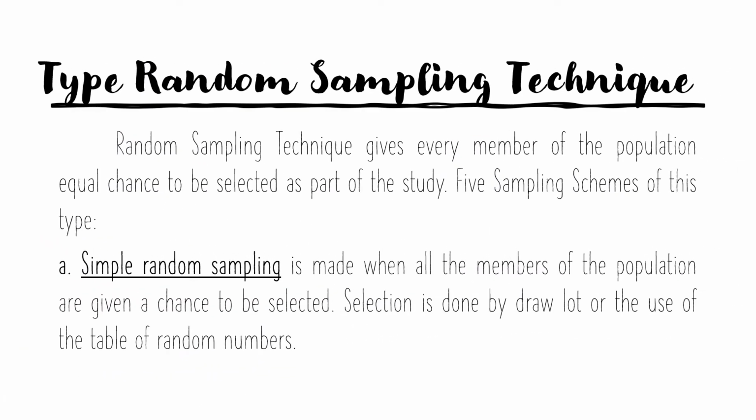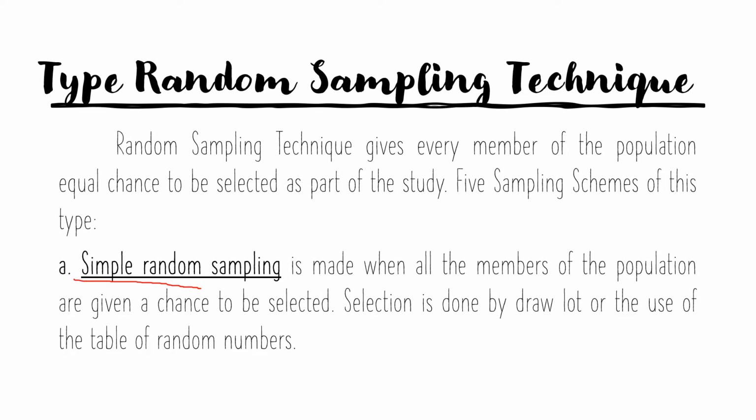Let's deal now with the types of random sampling technique. Your random sampling technique gives every member of the population an equal chance to be selected as part of the study. Here are the five sampling schemes of this type.